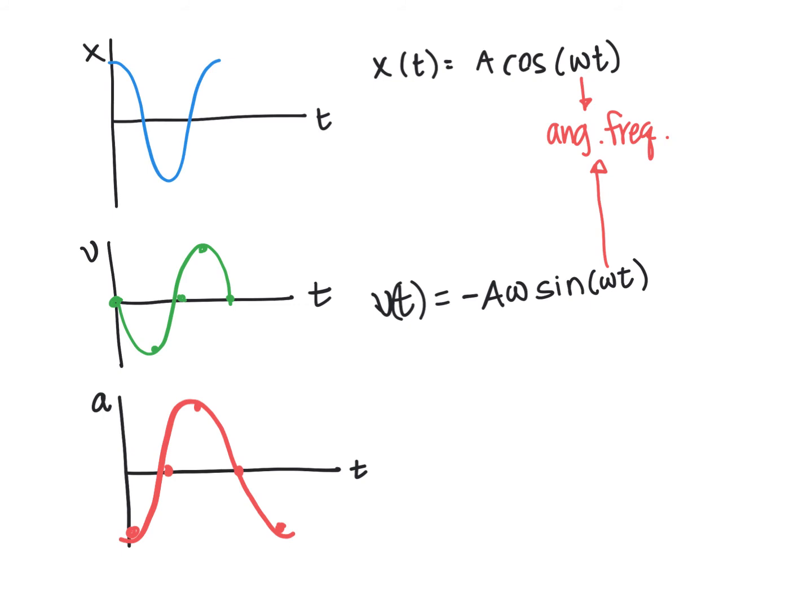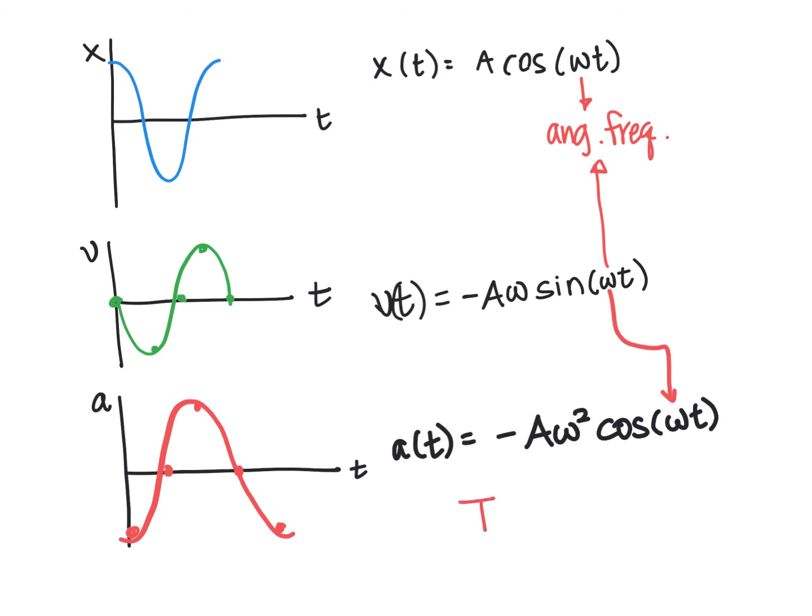So our negative cosine curve matches with the derivative of our velocity graph, and so the acceleration with respect to time would be negative A omega squared cosine of omega t. And again, that omega is the same omega there. It's still the angular frequency or the angular speed. And just like for a pendulum, that angular frequency is related to the period.